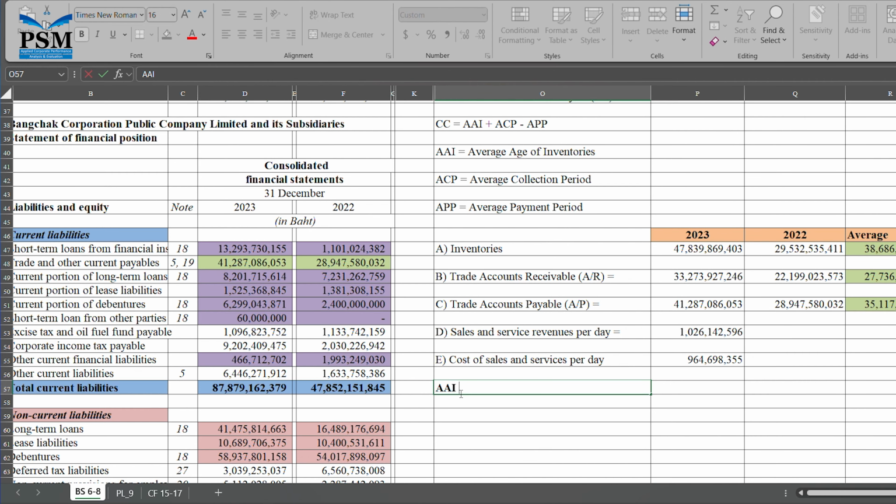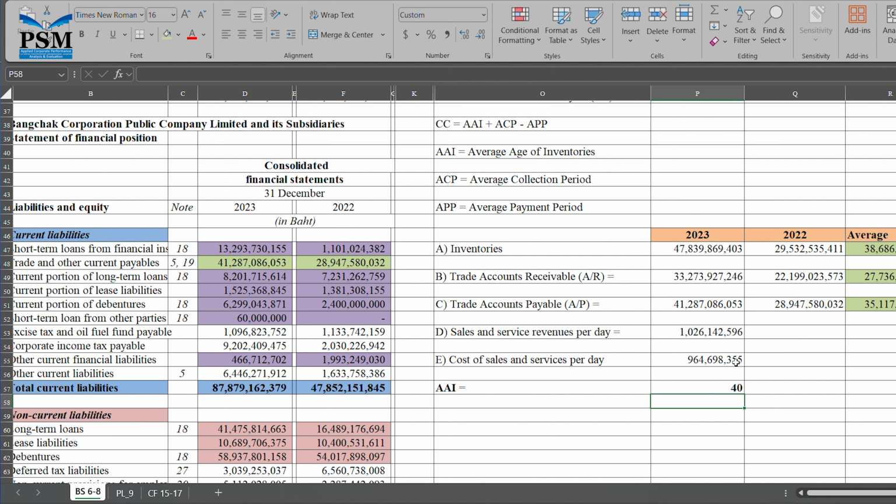With these numbers, first we calculate AAI, average age of inventory, equals the average inventory, which is this figure, divided by the cost of sales per day.